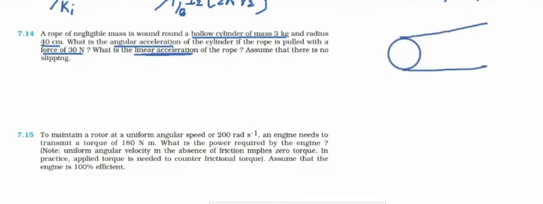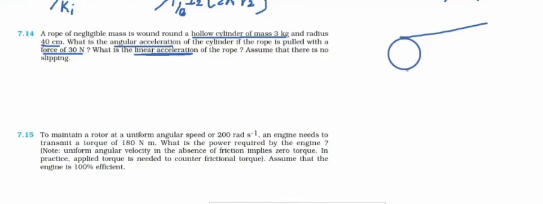A rope of negligible mass is wound round a hollow cylinder. Remember, hollow cylinder of mass 3 kilogram and radius 40 centimeter. What is the angular acceleration if the rope is pulled by a force of 30 Newton? Also calculate the linear acceleration. So you can have a cylinder like this.